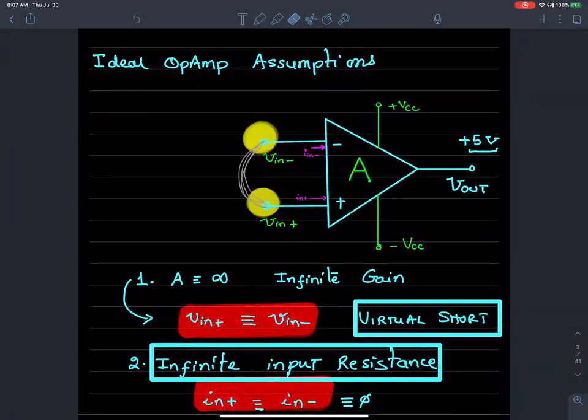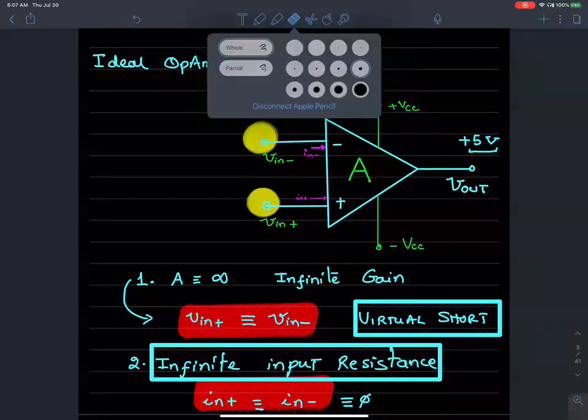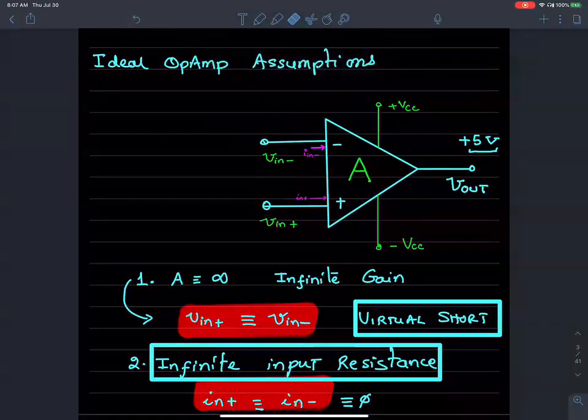There is no real connection between them, but they tend to behave as if they were connected. And that's the meaning of the idea, virtual short. The input voltage applied at one node automatically shows up at the other. Remember that, we'll come back to this, virtual short.